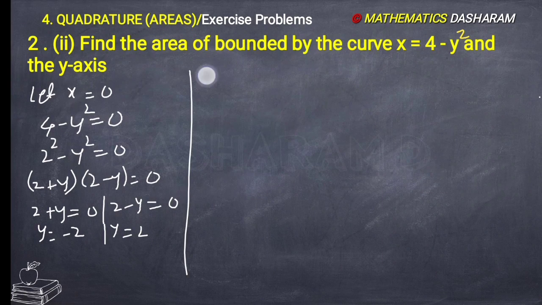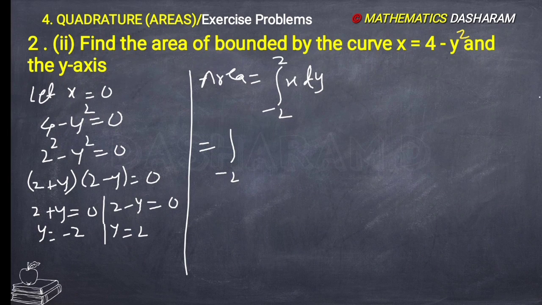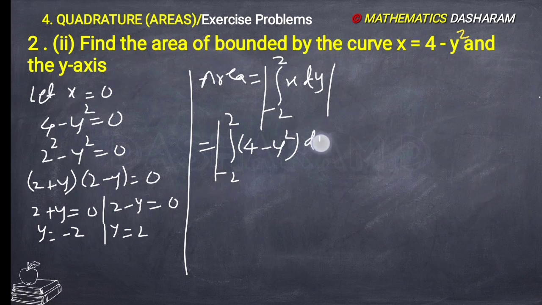So the required area equals the integration from minus 2 to 2 of x dy. Okay, x dy. Here apply the mod symbol. What is x? x means 4 minus y square dy.